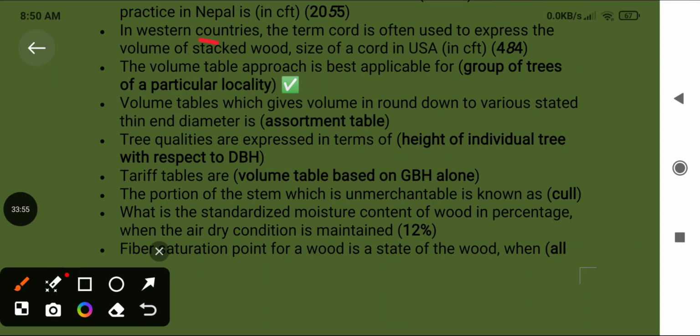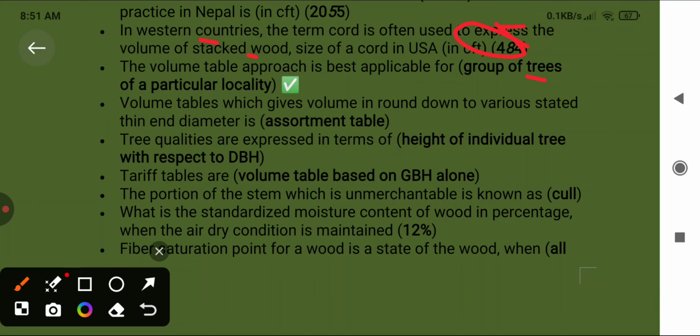In Western countries, the term cord is often used to express the volume of stacked wood. The size of a cord in USA is 484. The local volume table is best applicable for a group of trees of a particular locality.